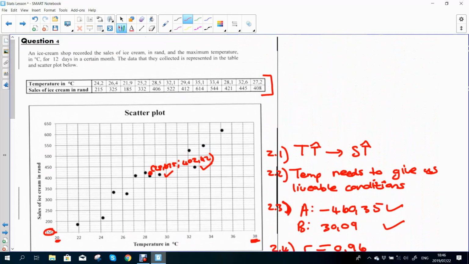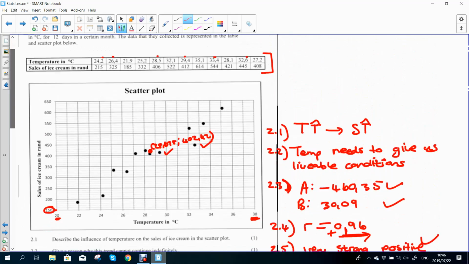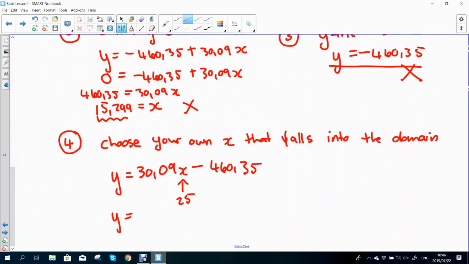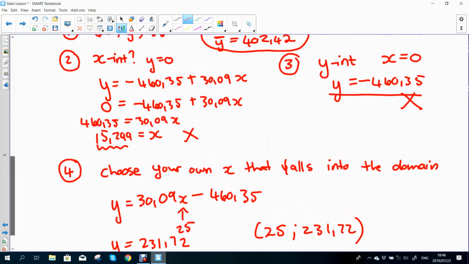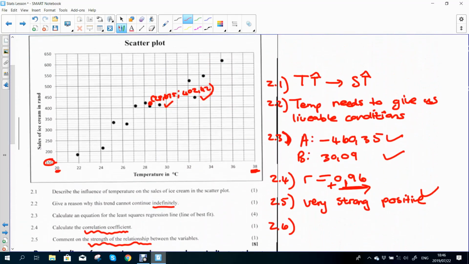The highest x value here, if you look at the top, 20, 26, 28, 29, 30s, 30, 32. So it's fine if I choose 25, it falls into that range. And then you get an answer of 231,72. So your other coordinate that you can use is 25, 231,72. And now you're going to plot that. We're going to estimate it. 25 is there, 231 is somewhere here.